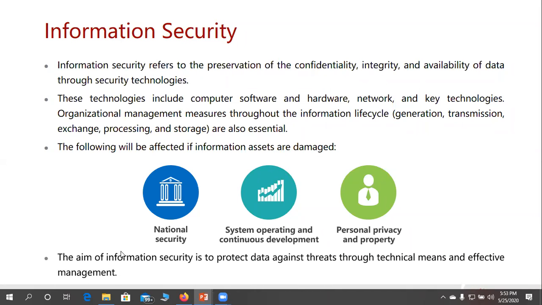So the aim of information security is to protect data against threats through technical means and effective management. When we have information security, we do not only rely on technical means. We are supposed to have also effective management. And what comes from effective management?